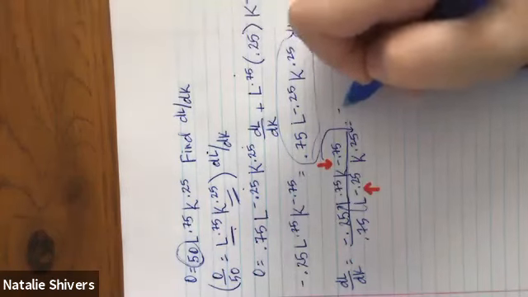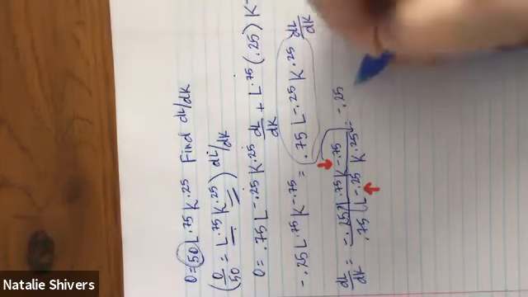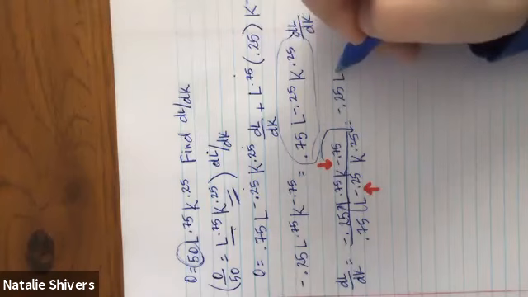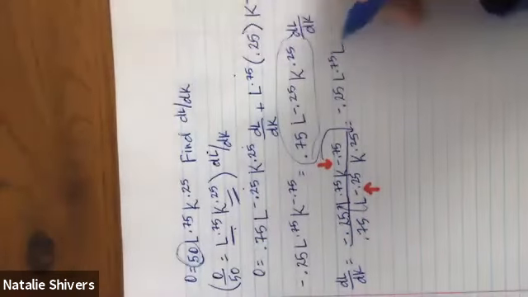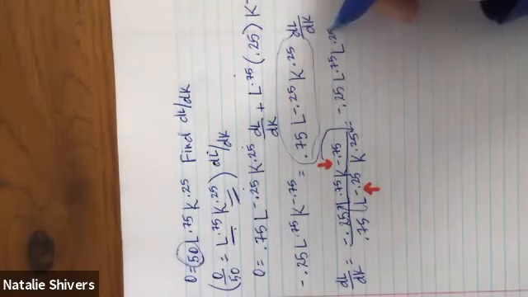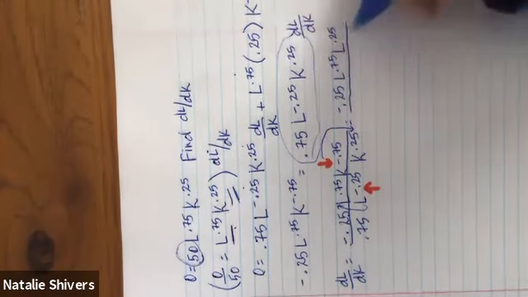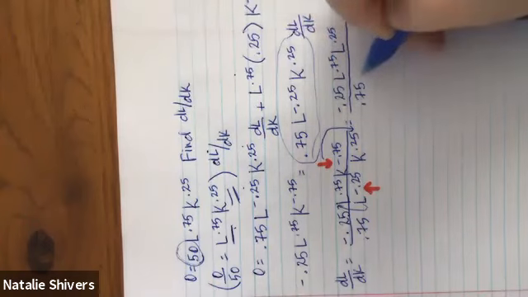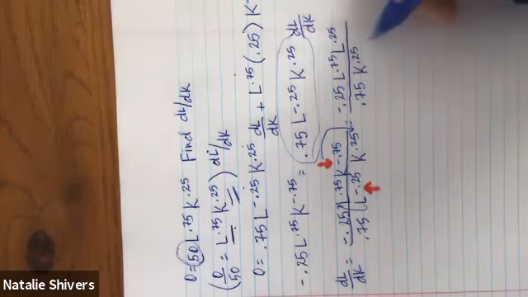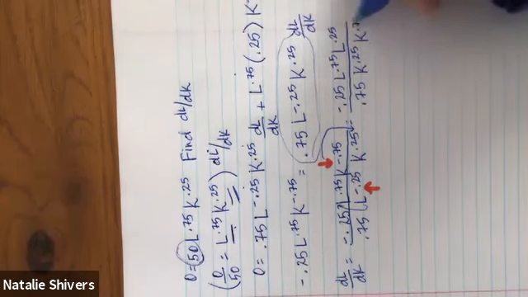So I have negative 0.25, the L to the 0.75 stays, and the L to the negative 0.25 moves up but drops the negative sign, over 0.75. The K to the 0.25 stays, and the K to the negative 0.75 moves down and drops the negative.